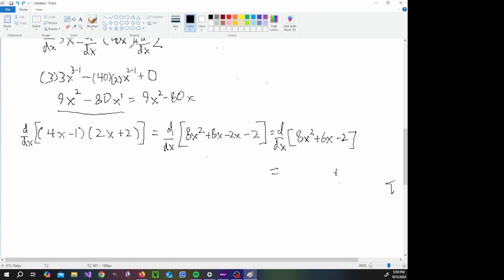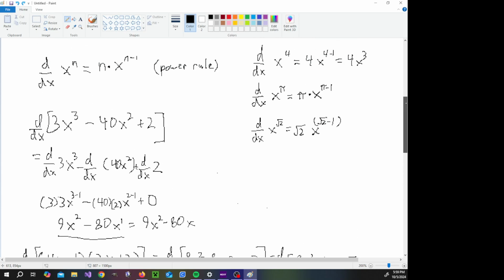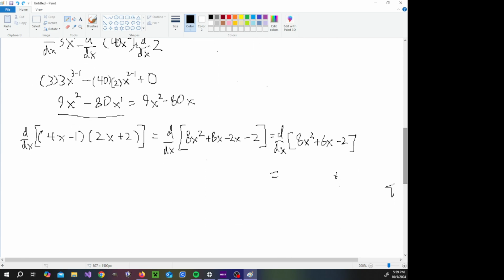Derivative of 6x, I realize I didn't write the rule out for this one because it kind of sits inside of the power rule. So we can do this with the power rule. So this is a 1 in the exponent. So we're going to multiply by 1, and then x to the 1 minus 1 power. And derivative of 8x squared, the 8 sticks out front.